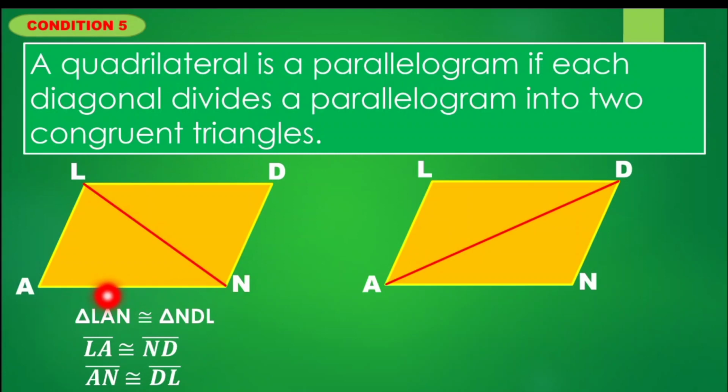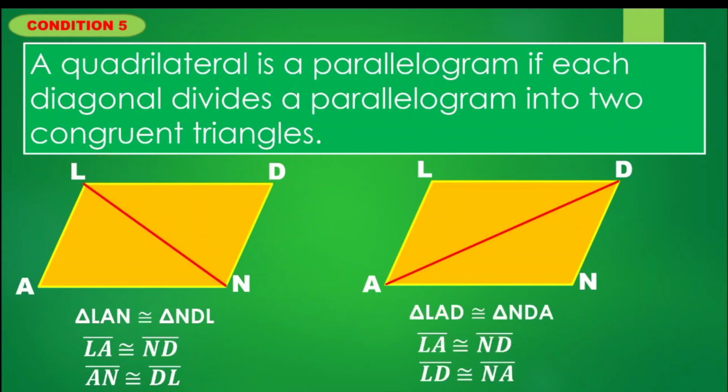So triangle LAN is congruent to triangle NDL. Segment LA is congruent to segment ND, and segment AN is congruent to segment DL.